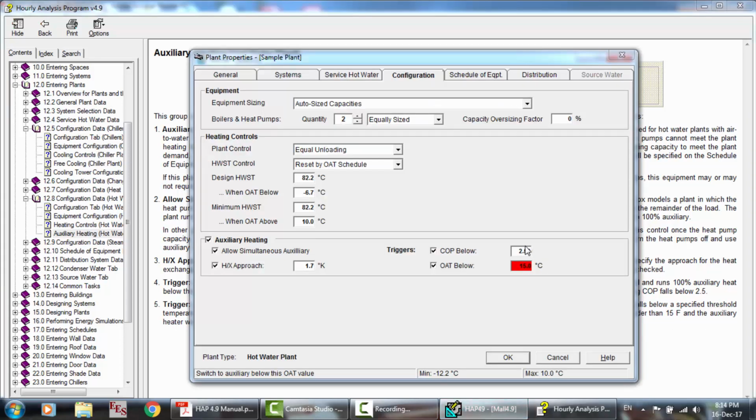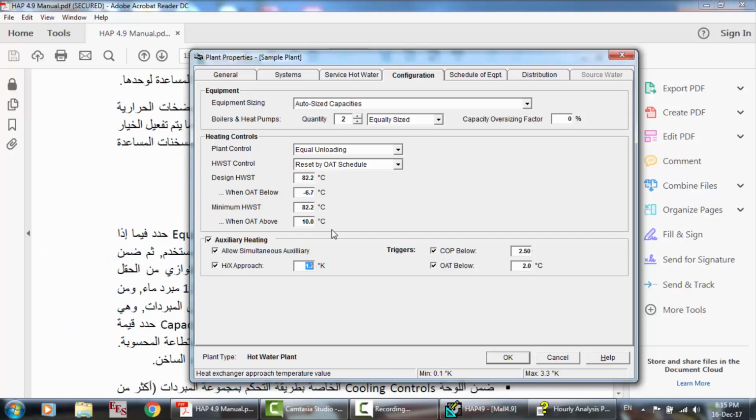Notice that here is 15 Celsius. And here for HX approach you have to get the approach, the heat exchanger approach temperature value.